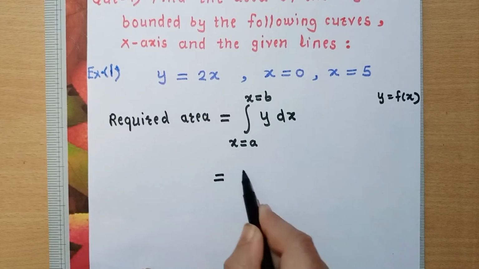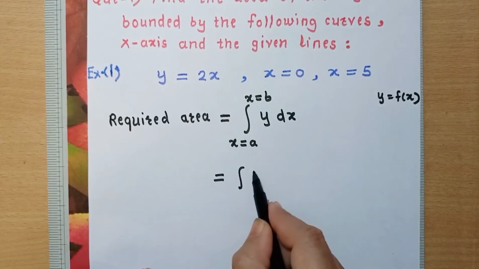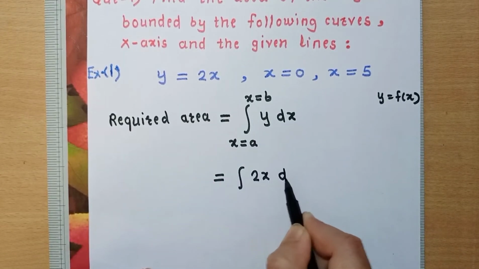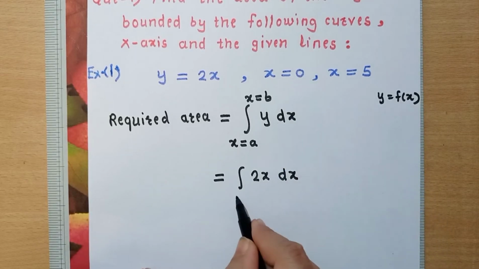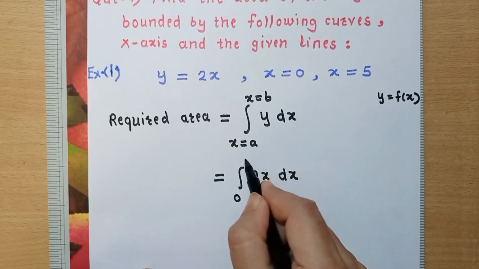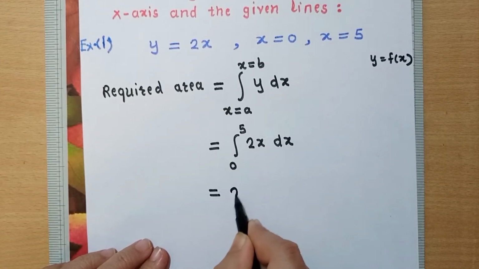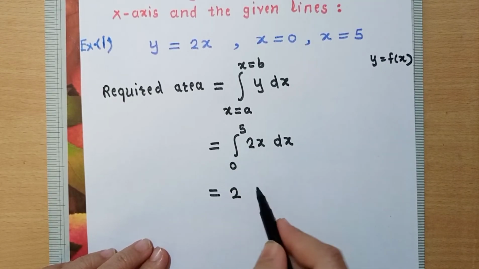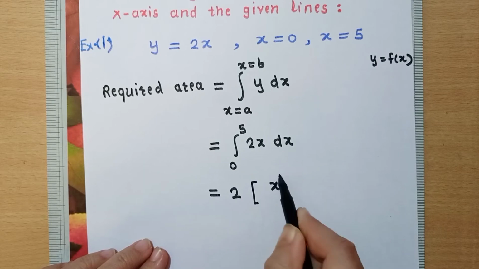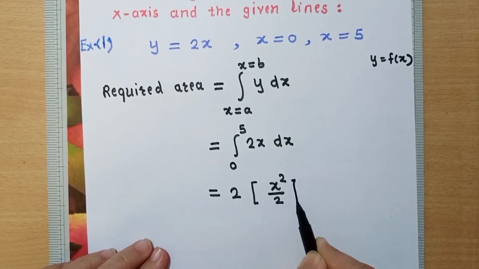And now substitute y is 2x dx, and here the lower limit is 0, the upper limit is 5. Now take this constant outside, and integration of x is x square by 2, from 0 to 5.